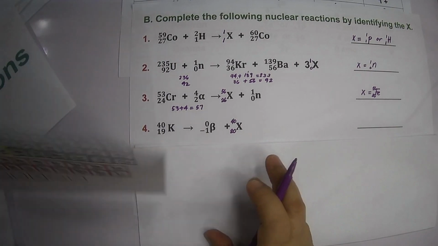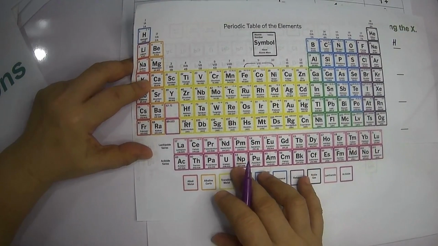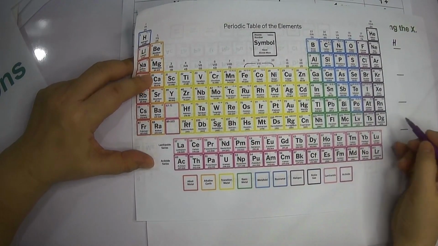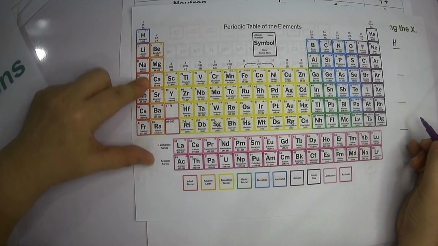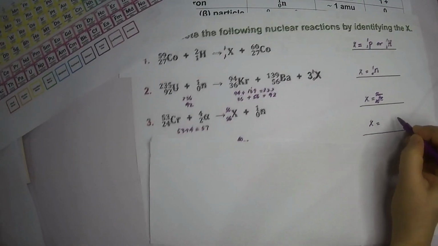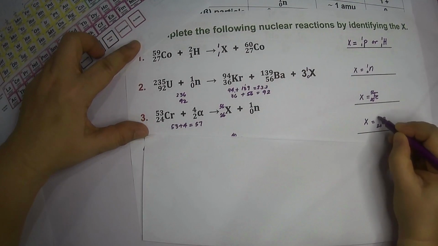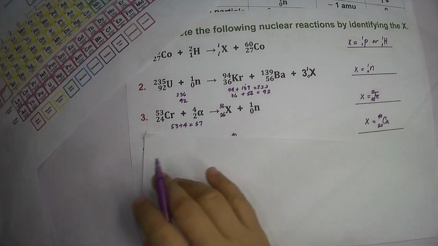Again, referring to your periodic table, the element whose atomic number is 20 is calcium here. So your X, therefore, for number 4 is calcium-20 with a mass of 40.